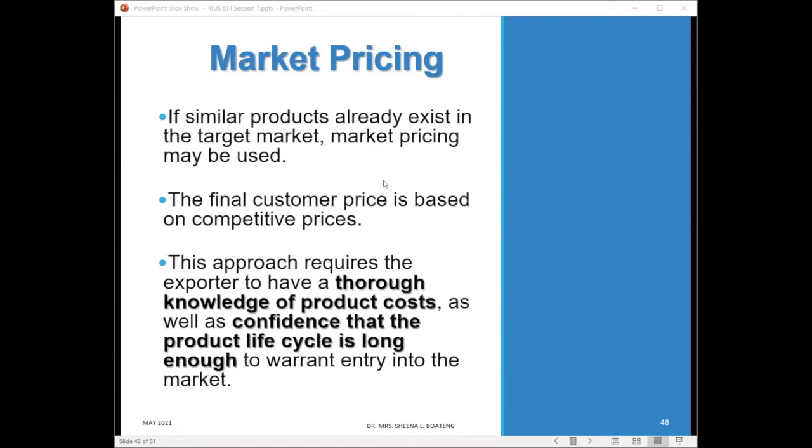Otherwise, it will not make any sense to enter this foreign market using a market pricing tactic. So in as much as you want to be able to price at the level that everybody else is selling in the market, you need to also think about your cost of production and whether or not it is a cost-effective measure to sell at the same price that everybody is selling in the market or close to the same price.